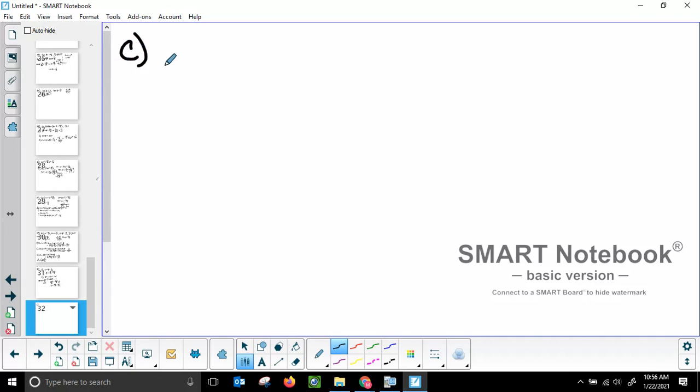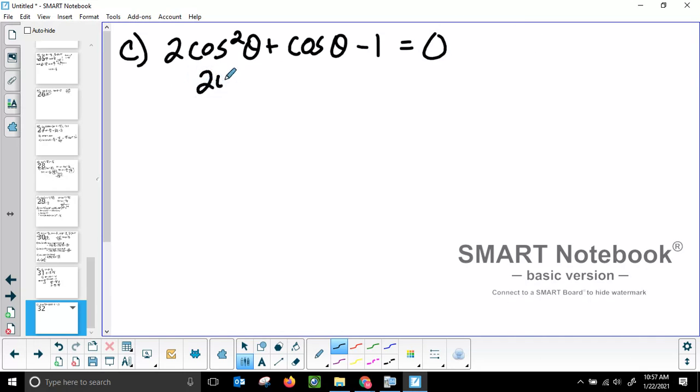38C says 2 cosine squared theta plus cosine theta minus 1 is equal to 0. All right, well, we can factor this. If you don't like looking at the cosines, you can say 2u squared plus u minus 1. All right, so we get -2 a times c and 1.